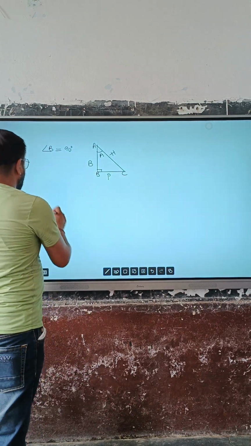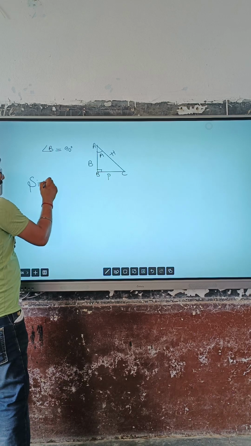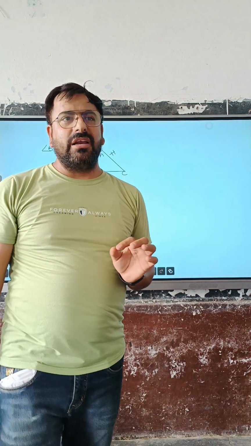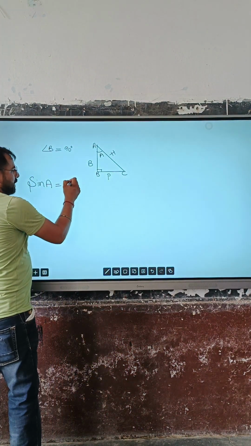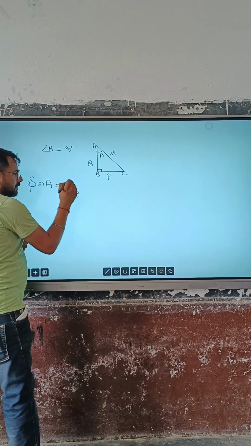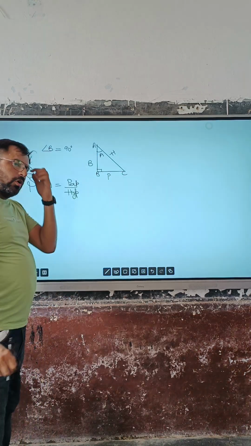So I am going to describe the trigonometry term sine with angle A. How is sine of angle A related with the 3 sides of the triangle? Sine is perpendicular over hypotenuse.